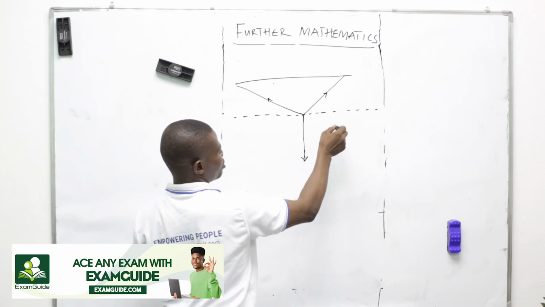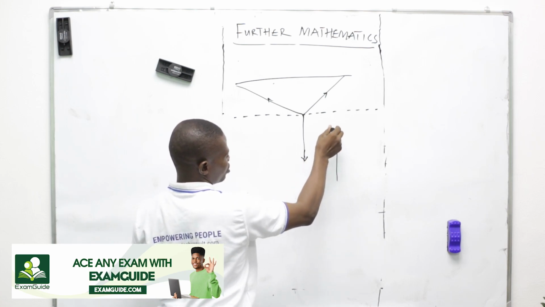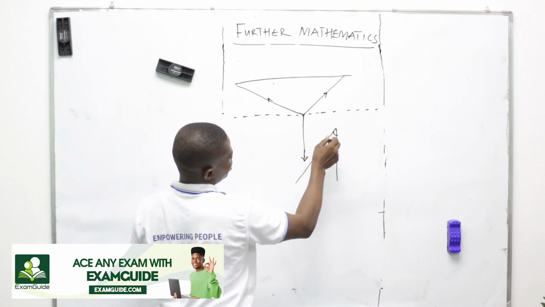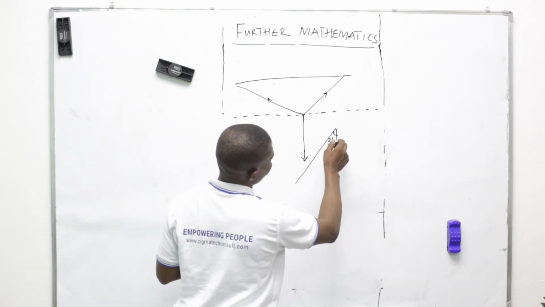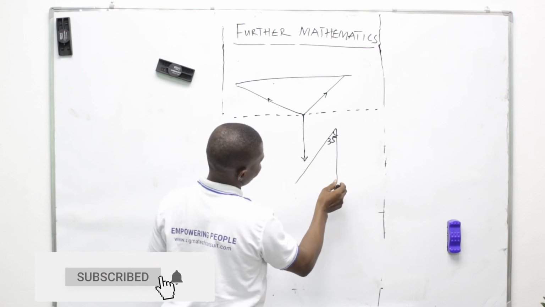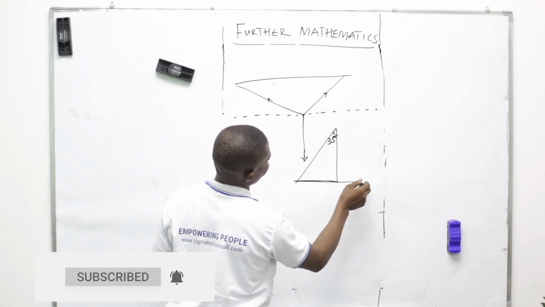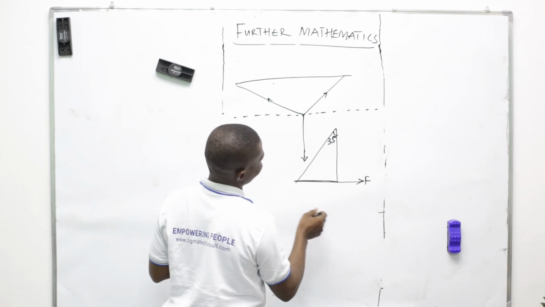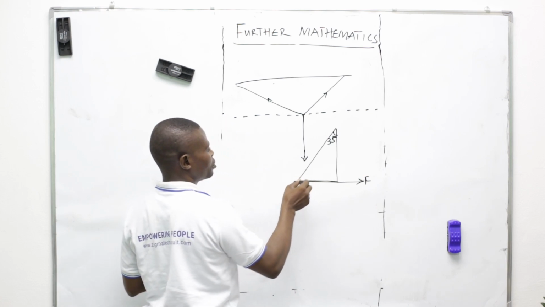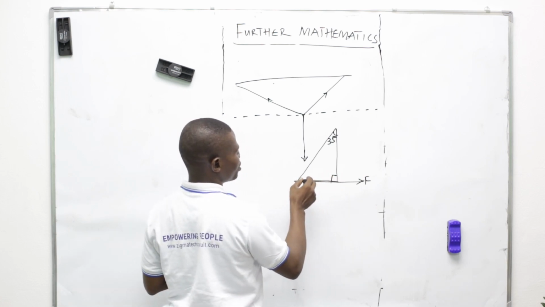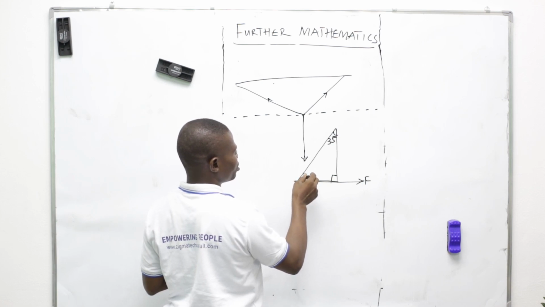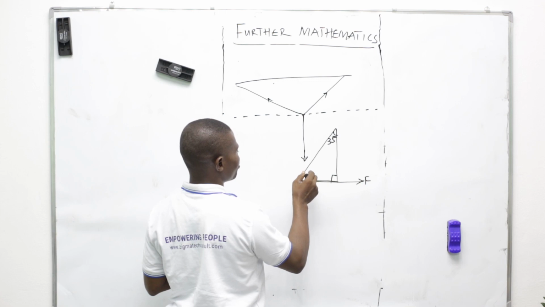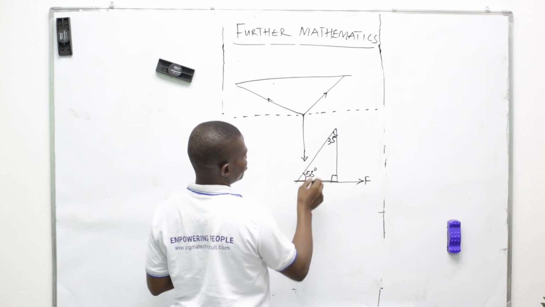If the angle is on the vertical, it means something of this nature. It's 35 degrees. It's no longer coming from the horizontal. For angle F, if this is this, we'll have 90 minus 35, which should give us 55 degrees.